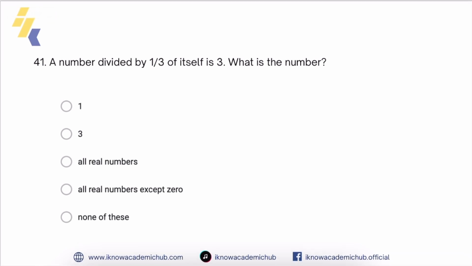Let's proceed to number 41. A number divided by 1/3 of itself is 3. What is the number? Let x be the number. Then we have x over 1/3 of x, that is x over x over 3. That's equal to itself.